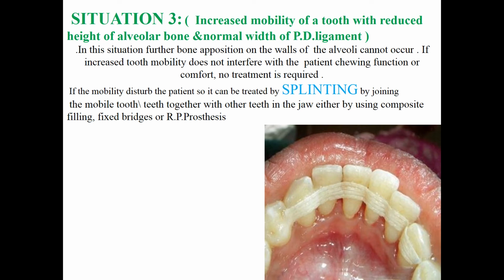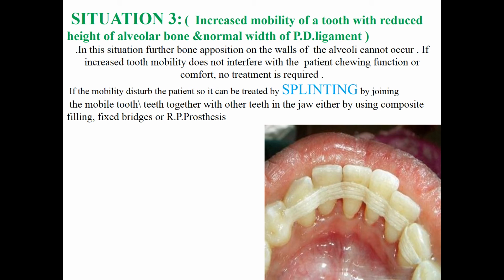So, when the increased tooth mobility occurs as a result of the reduced height of the alveolar bone, if it does not interfere with the patient's chewing function or comfort, or does not disturb the patient, then no treatment is required. But if the mobility disturbs the patient, we have to do splinting.